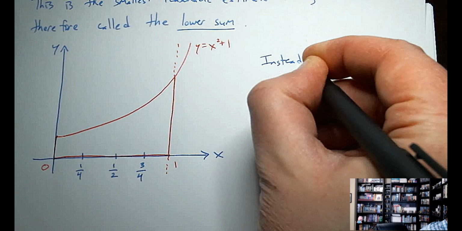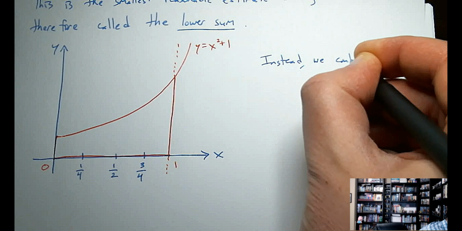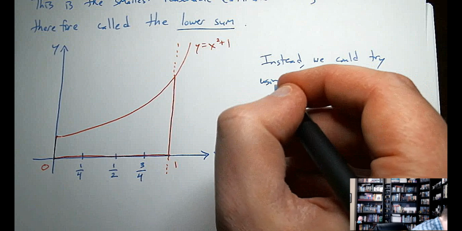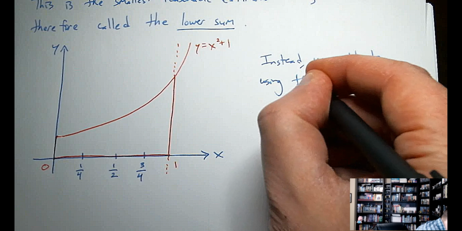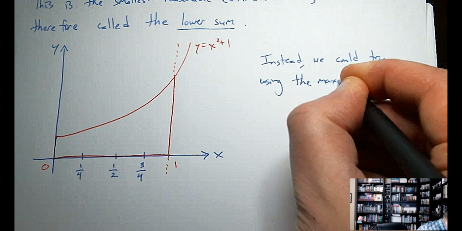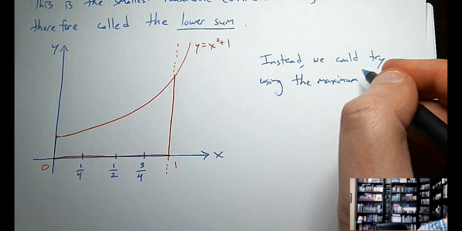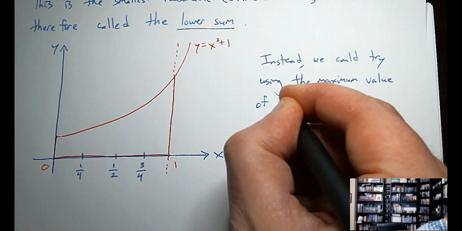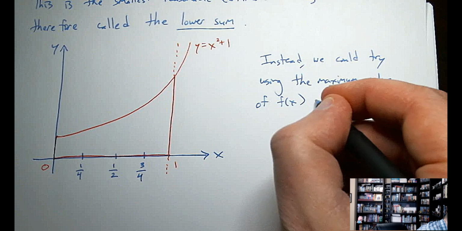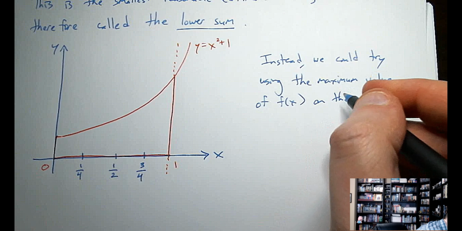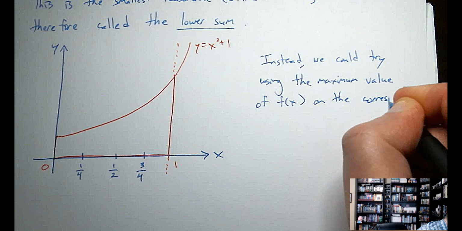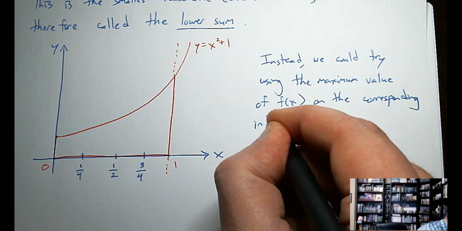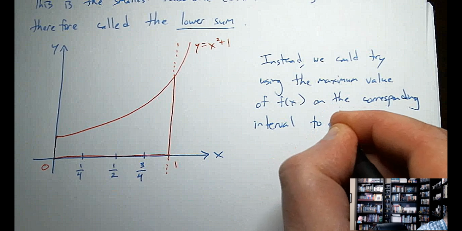So instead, we could try using not the minimum value, but the maximum value of f of x on the corresponding interval to give the height of each rectangle.